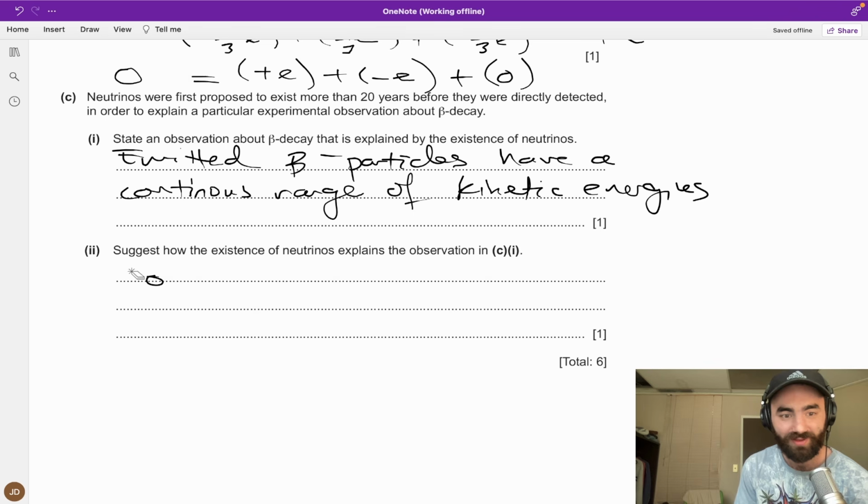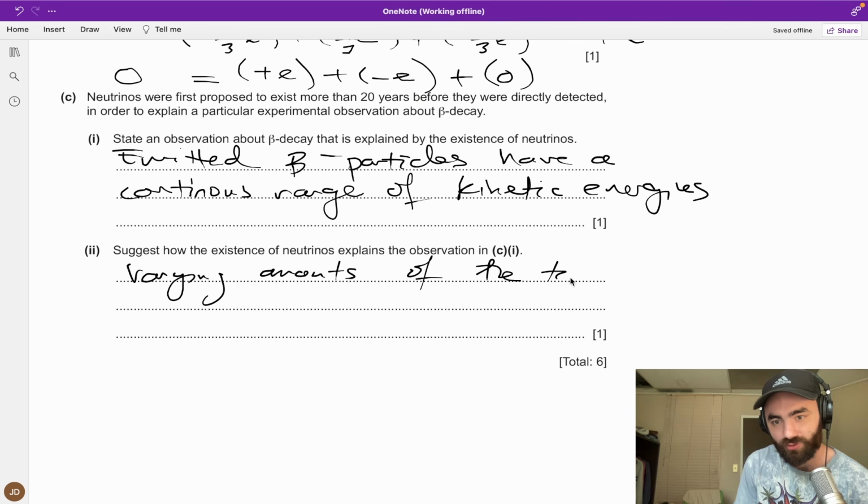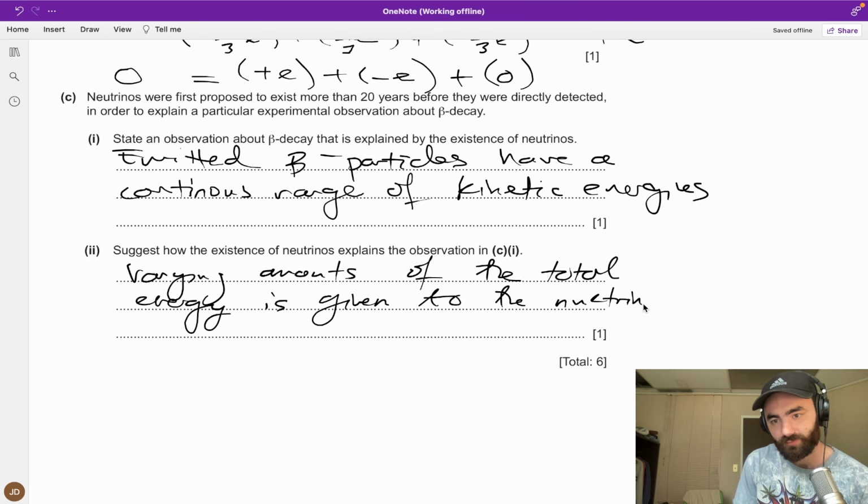Yeah, that's probably better. Varying amounts of the total energy in this decay process is distributed, given to the neutrinos. No, or antineutrinos. Antineutrinos.